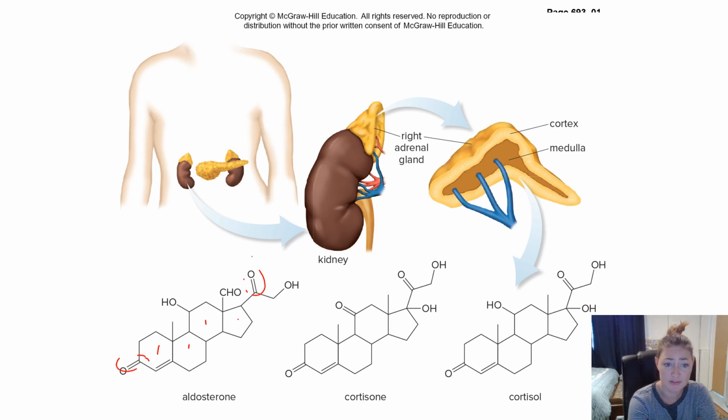Cortisone also has the same two ketones in the same positions, but it has a third ketone group. Notice that these are just very similar in structure, and you're going to see that a lot with steroid hormones. They're going to differ by one or two functional groups, and that can make the world of difference for their physiological function just by changing one of those functional groups on your steroid ring.